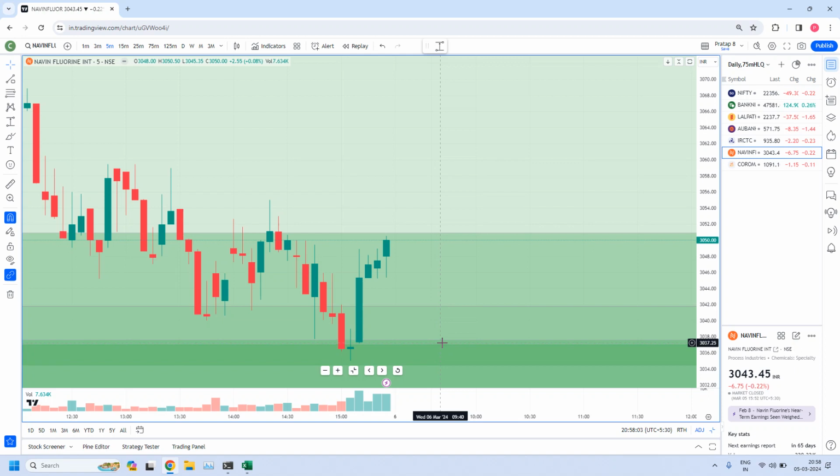Our software should suggest it. Without our software's suggestion, if prices come into this zone tomorrow, don't take a trade. It may work, it may not work. If the software tells you there are higher chances, because the software not only calculates these zones, but also looks into the volatility of the market, and based on that it identifies high liquidity zones.